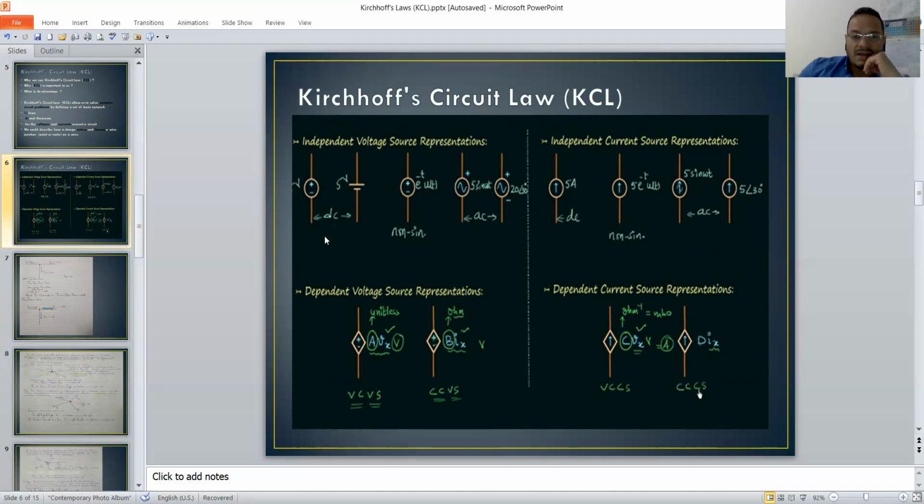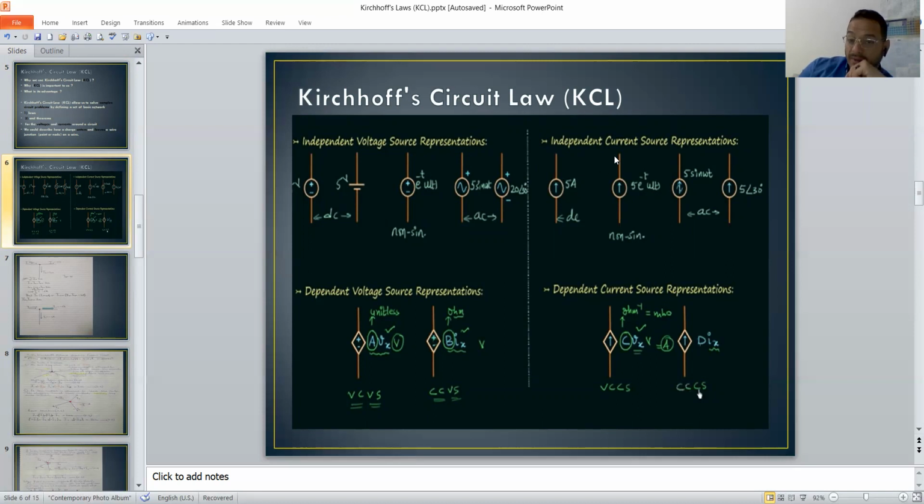Okay, here all of these are independent voltage sources or current sources. Here, when we deal with an independent voltage source, that means we will deal with 2 different terminals, positive and negative. But here we will deal with an arrow, starting from one point going to another point.